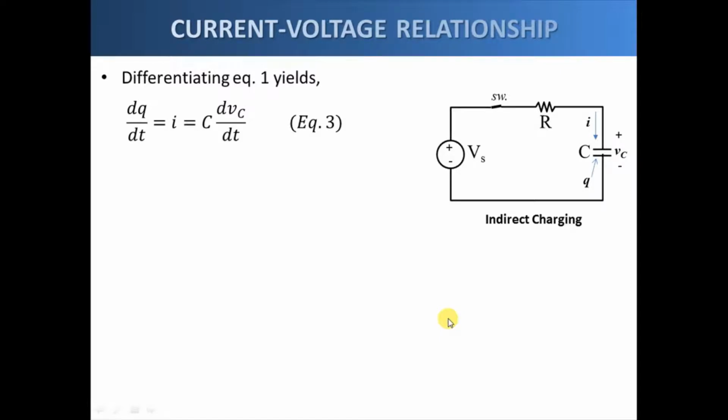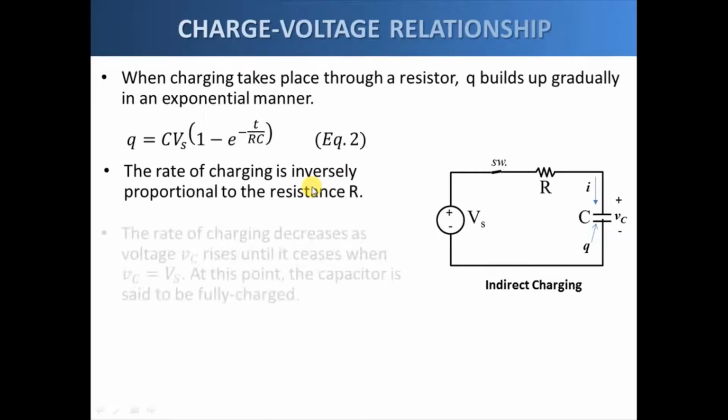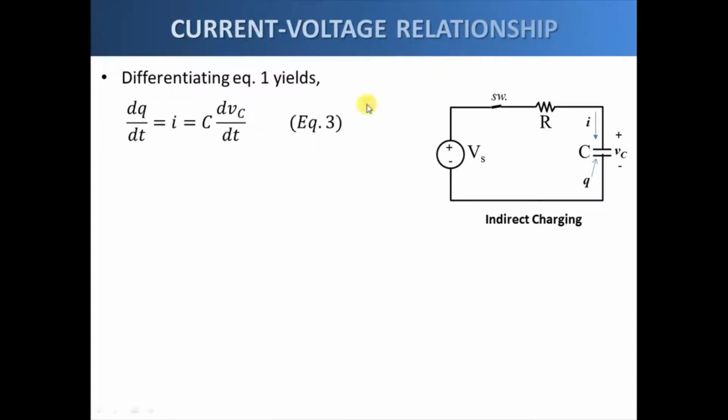Now let's say we differentiate equation 1. So equation 1 is this one. Let's differentiate both sides with respect to time. So we get this result. This is a very important relationship that says that the current that is flowing towards the capacitor is actually proportional to the time rate of change of the voltage across the capacitor.